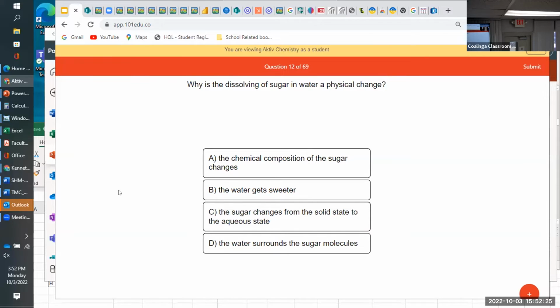Why is dissolving of sugar in water a physical change? A, the chemical composition of sugar changes. See, because it's the longest.